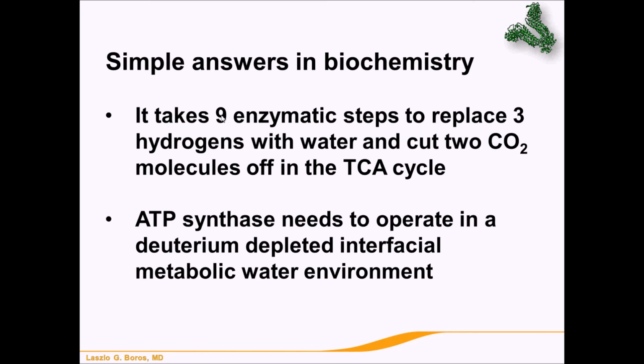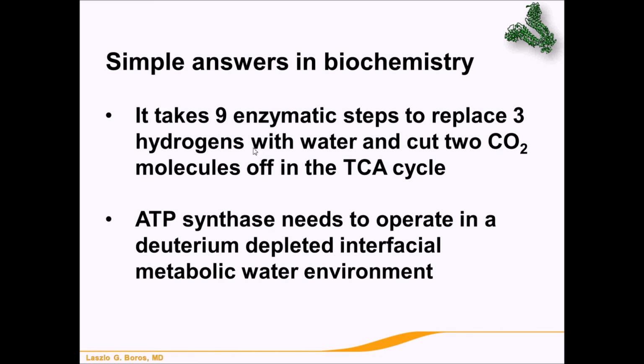It takes 9 enzymatic steps to replace 3 hydrogens with water and cut 2 CO2 molecules off in the TCA cycle, and ATP synthase needs to operate in a deuterium-depleted interfacial metabolic water environment.